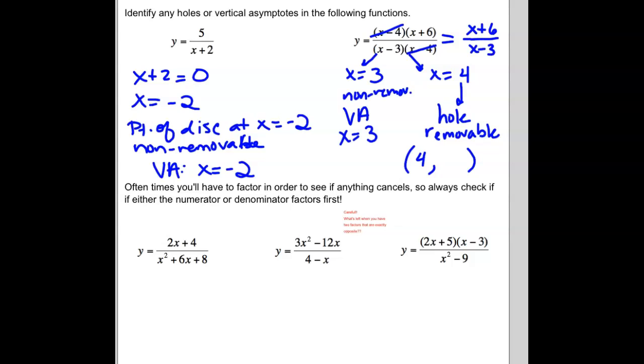So we're going to plug that 4 in for our x values to see what we would get for y. So putting a 4 in the numerator would be a 10. Denominator 4 minus 3 is just 1, so my y-coordinate would be at 10. So the point (4, 10) is going to actually be the little hole in my graph.